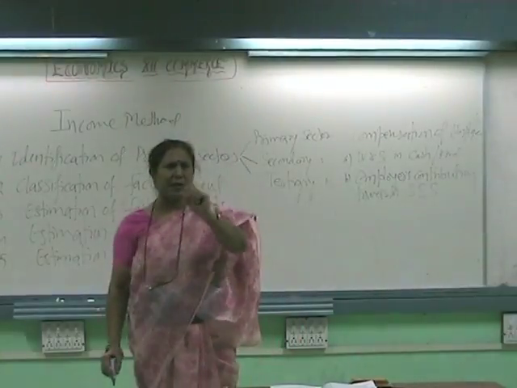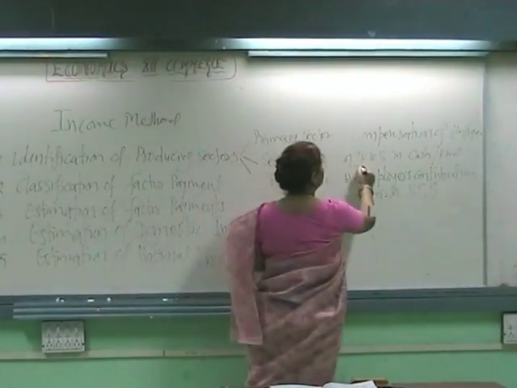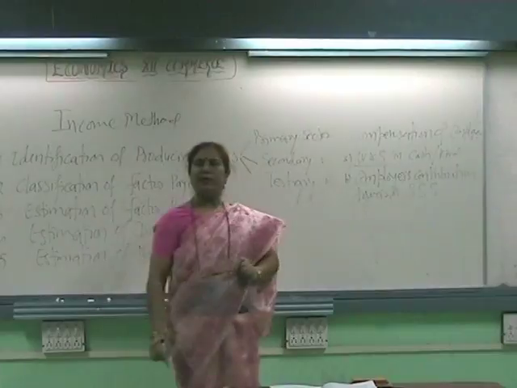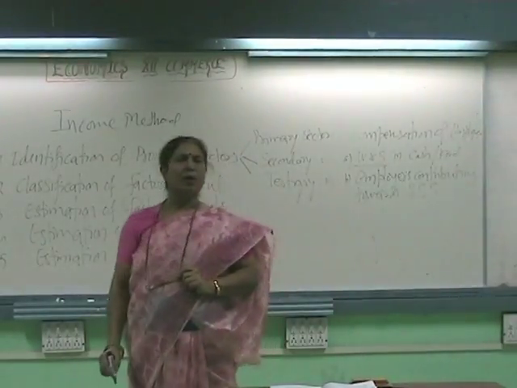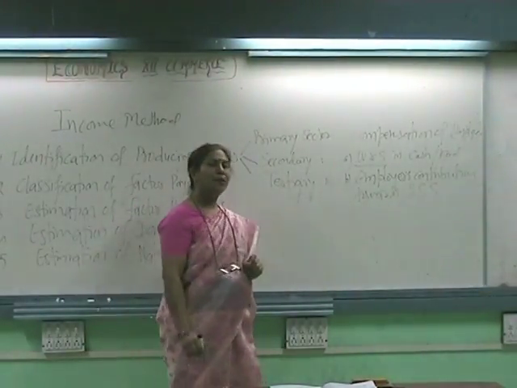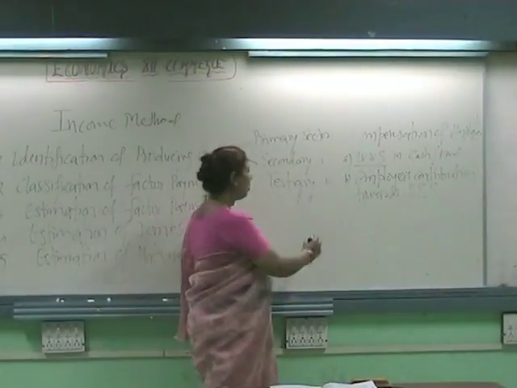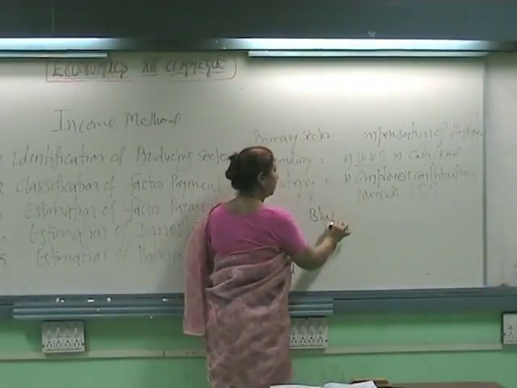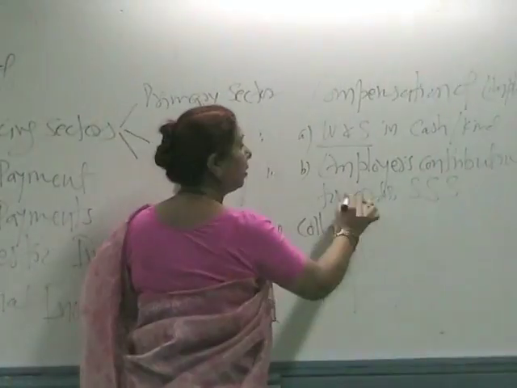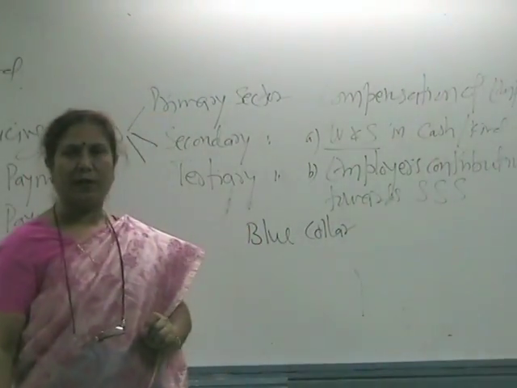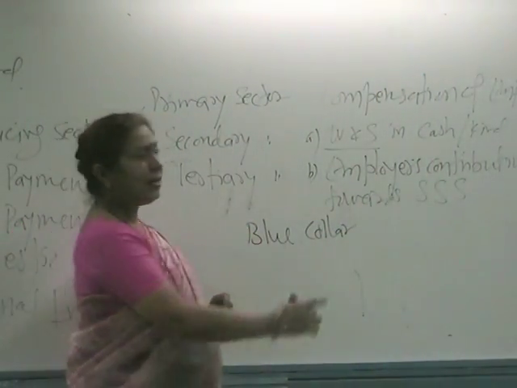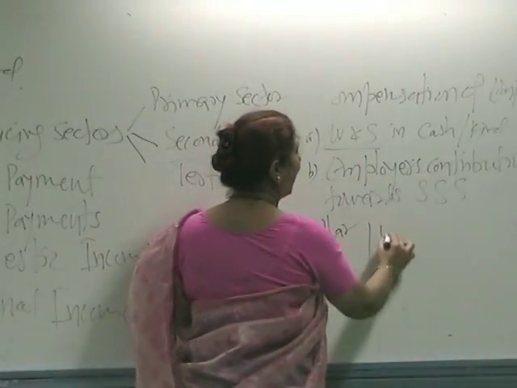There is a slight difference between wages and salaries. See, wages are usually paid for doing some physical work, or we call it blue collar work. Blue collar jobs, for that we get wages. While salaries are paid for white collar jobs.